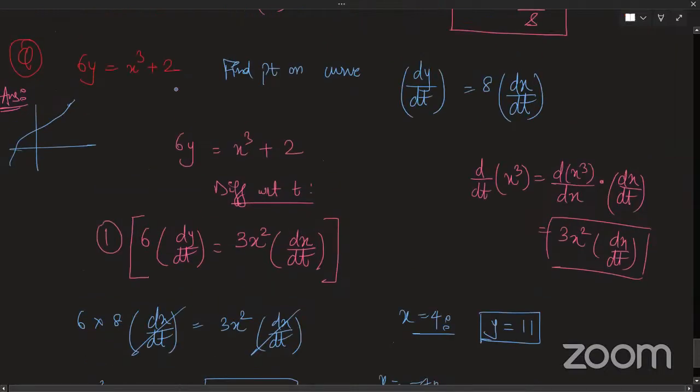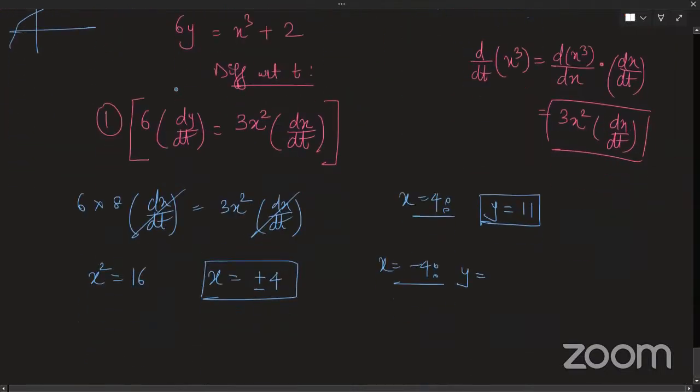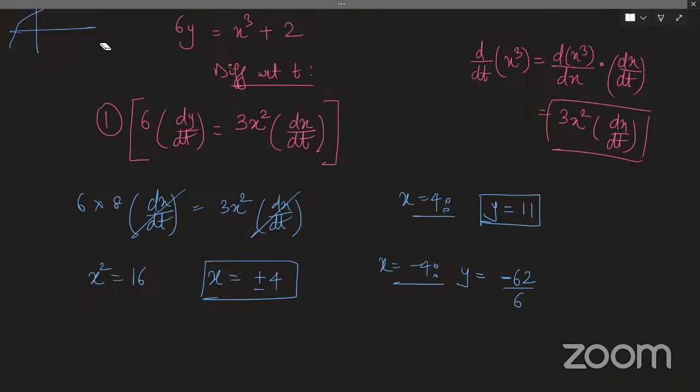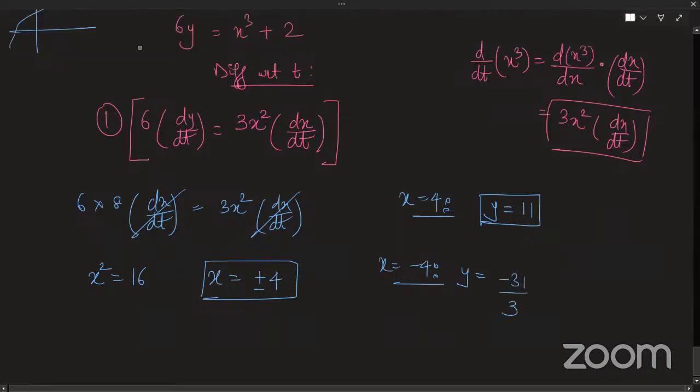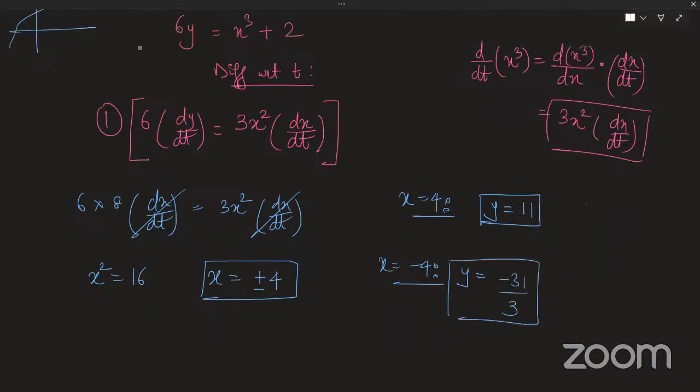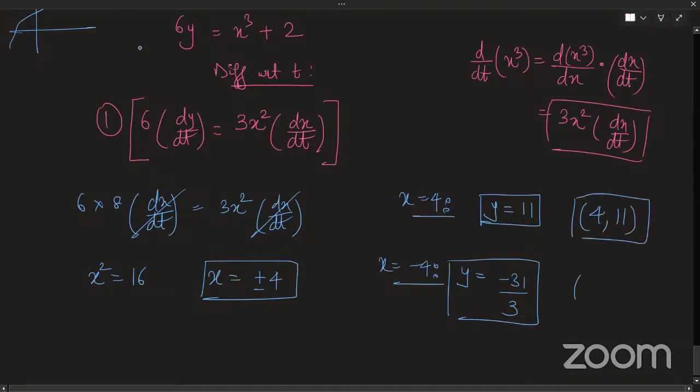What about the other case, minus 4? So 2 minus 64, which is minus 62 by 6, or minus 31 by 3. Just calculations. So your first point will be 4 comma 11, and your second point will be minus 4 comma minus 31 by 3. Fine, these are your 2 points.